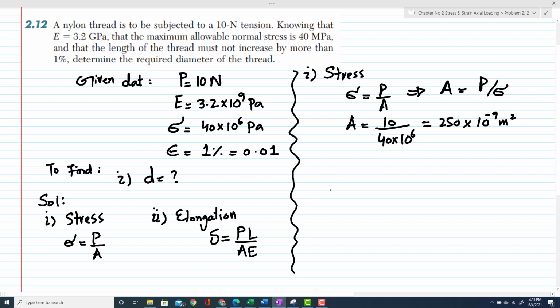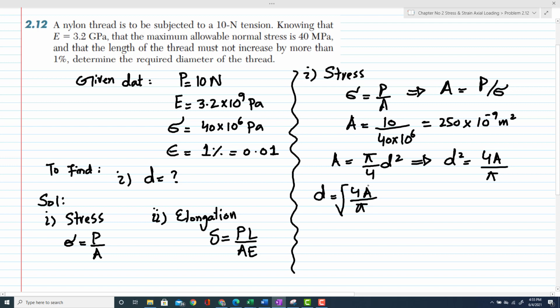So if we directly calculate the diameter as well, we know that area is equal to pi by 4 D square. So D square will be equal to 4A over pi, and D will be equal to the square root of 4A over pi.